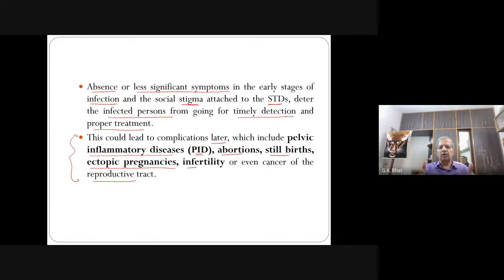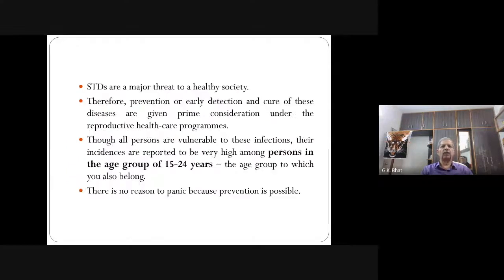In stillbirth, the baby is born dead. Ectopic pregnancy is the development of the fetus outside the uterus. Infertility or even cancer of the reproductive tract may be seen.